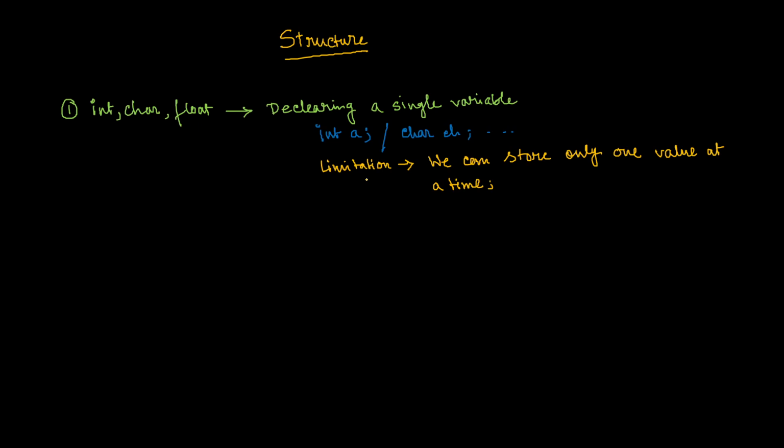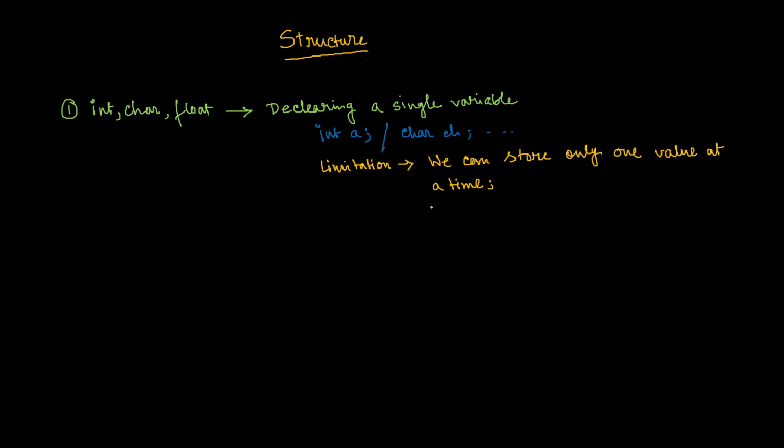That means if you write a equal to 10, 10 will get stored in the variable, and then if you write a equal to 20, 10 will be replaced by 20. So 10 will vanish. That means you cannot store 10 and 20 both at a time.